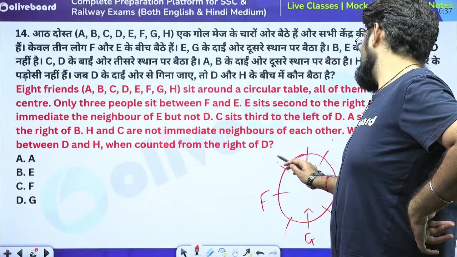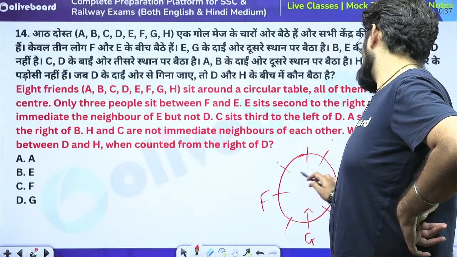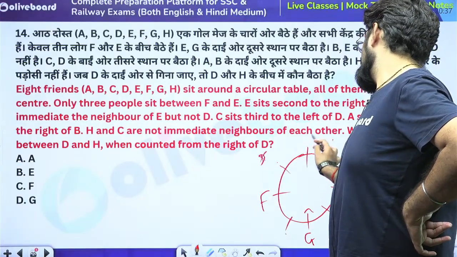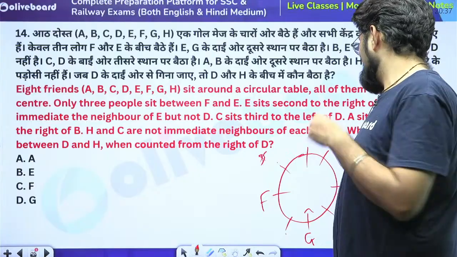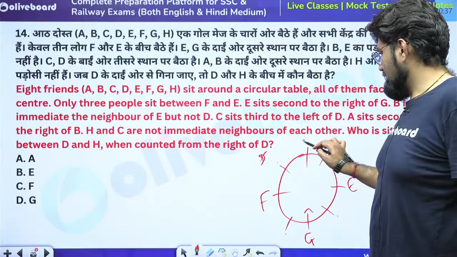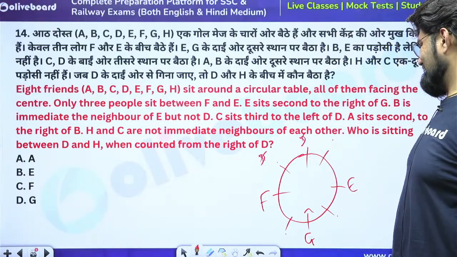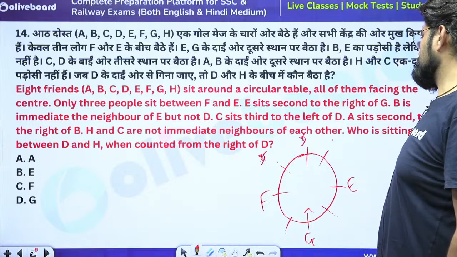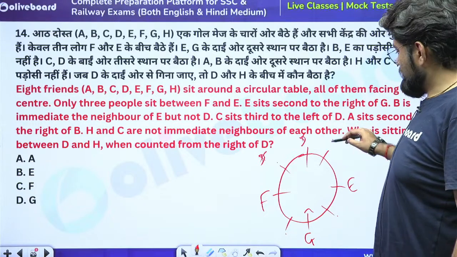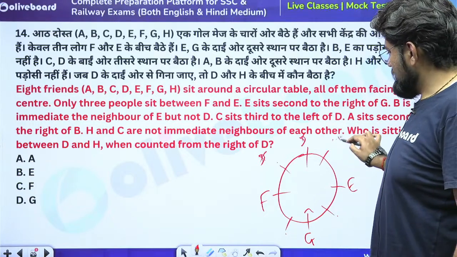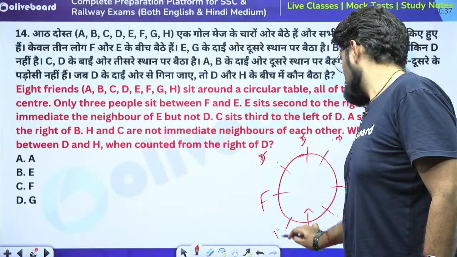Or this was D, 1, 2, 3, so D cannot be here. But D cannot be here also. Why? Because A cannot sit here then, if C was sitting here. And if this was D, third left would not have been there. So we have only one option for D, which is this.